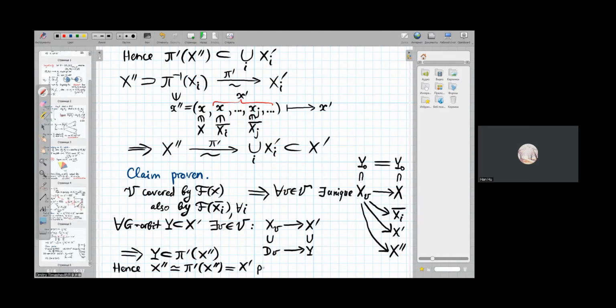And this guy is a projective variety. So by this isomorphism, x double prime is projective, and therefore, finally, we get that x without primes, just our initial x, which is the image of x double prime under pi, is complete.